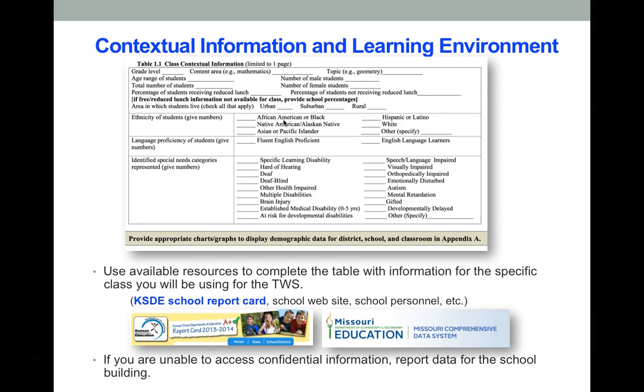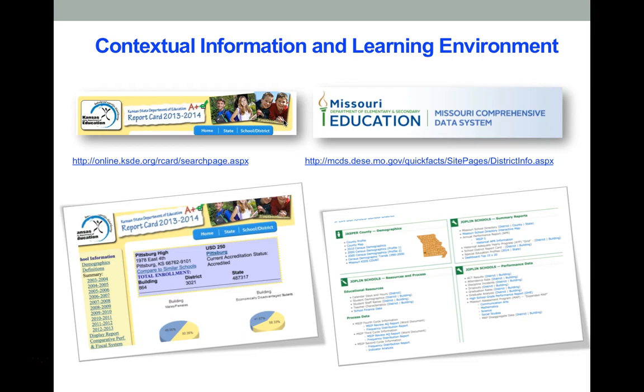Now, to get that information, especially on your school, every state has a state report card. Our Kansas State Department of Education has a report card for every school, giving all kinds of data. So there's Missouri, Oklahoma, wherever you're located. And we'll give you those sites in the module to make sure you go. For example, in Kansas, you'll go to the KSDE organization report card, and then search for your school district.